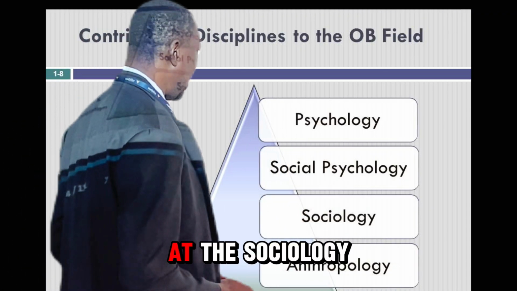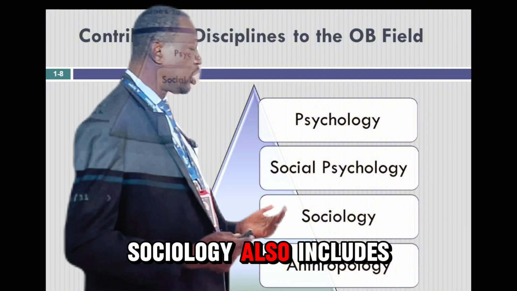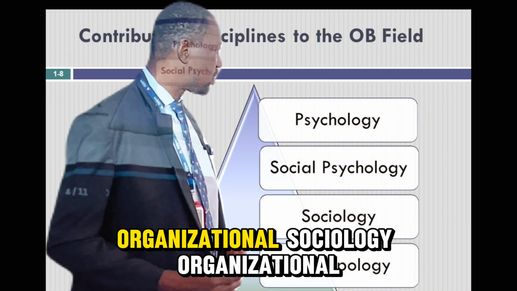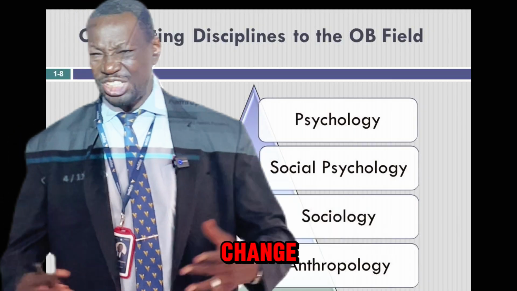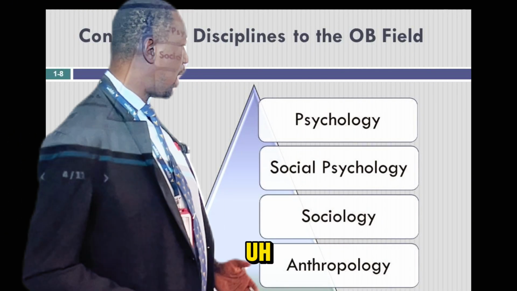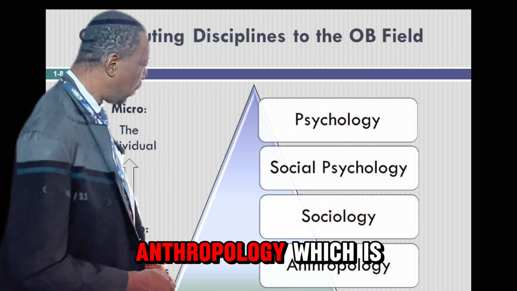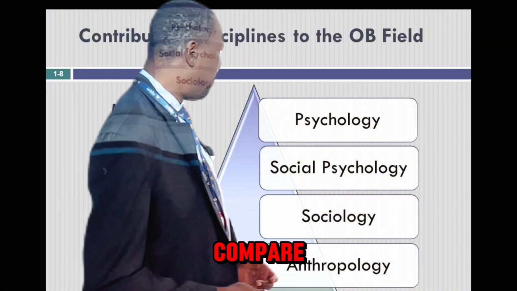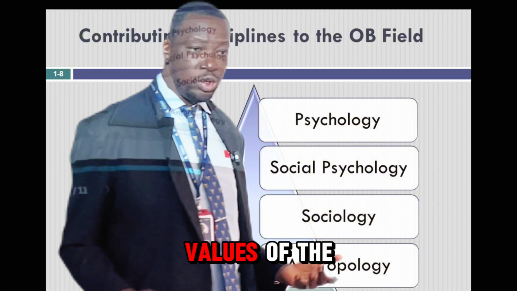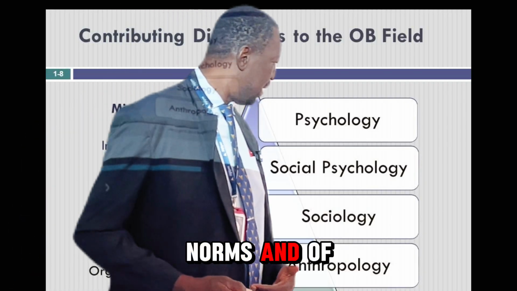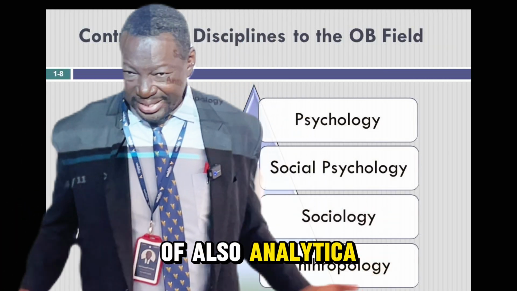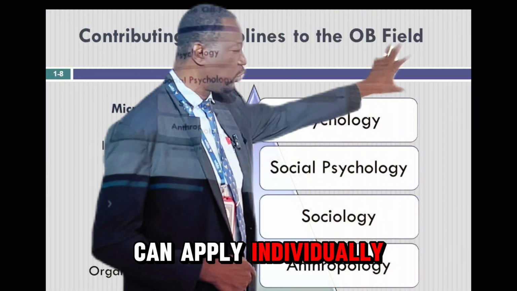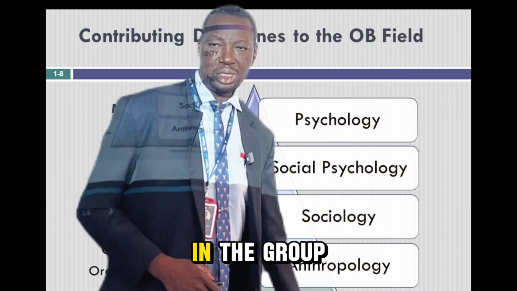Then sociology also includes power, communication, and then organizational sociology, organizational change, organizational culture. And then anthropology, which is about comparison of the values, of the norms, and also analysis of the organization. So all these can apply individually and also in the group.